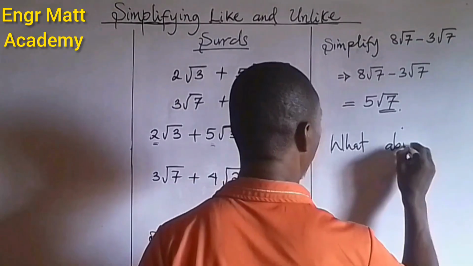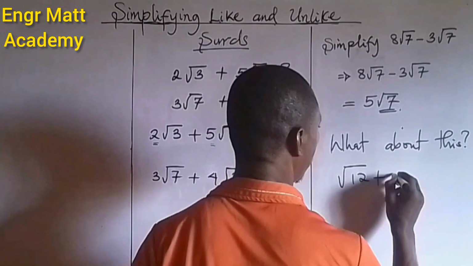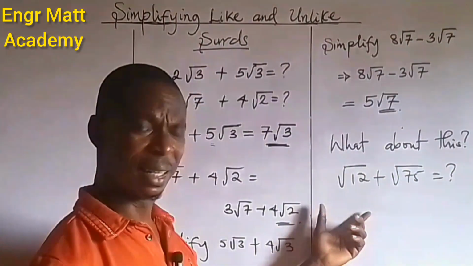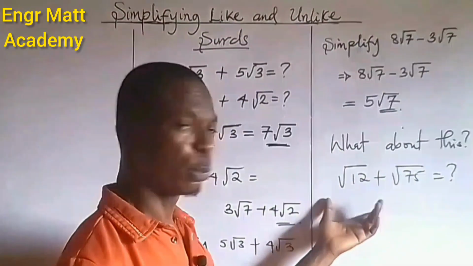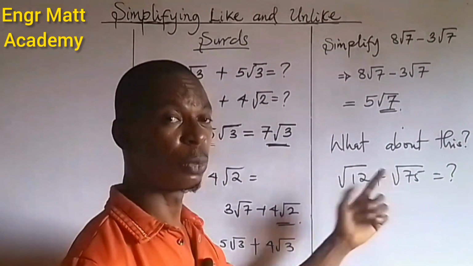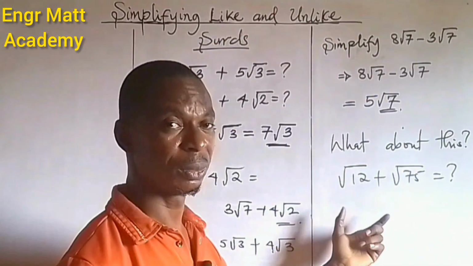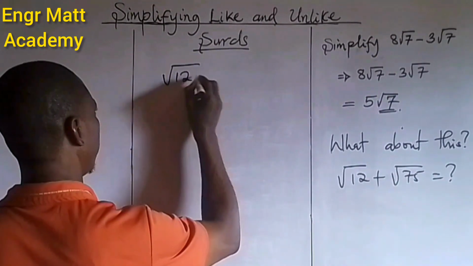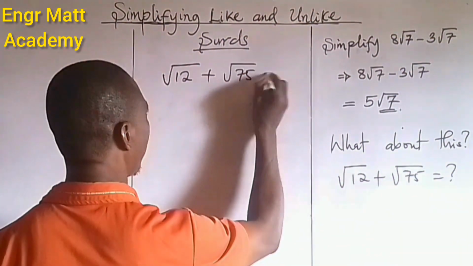What about this? Root 12 plus root 75. Are these alike? How do we go about this? Calm down. In this kind of problem, we need to simplify each of the surds to find out if they are alike or not. So let's do that. We have root 12 plus root 75.